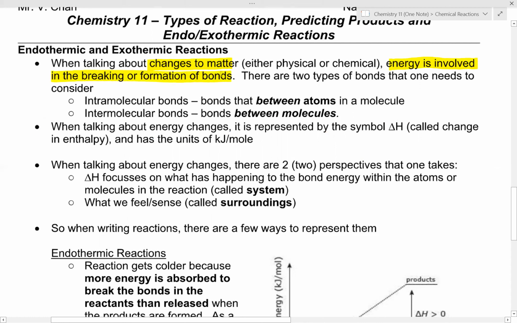There are two types of bonds that we talk about. We have intramolecular bonds, which are bonds between atoms in a molecule.